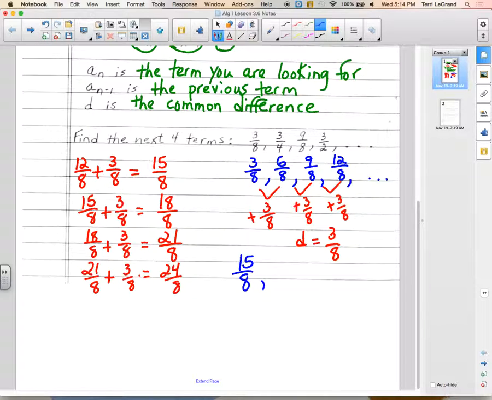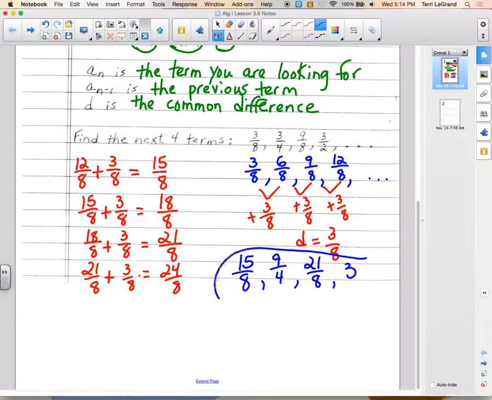18/8, both are divisible by 2, so that can be simplified to 9/4. 21/8, that can't be simplified. And 24/8, that can be, we will make that into the whole number 3.